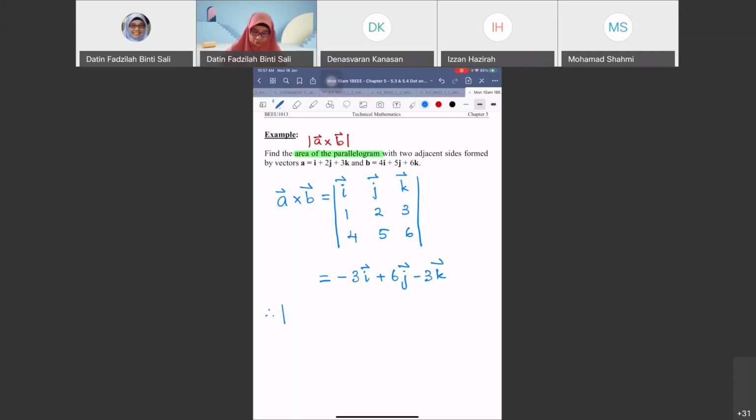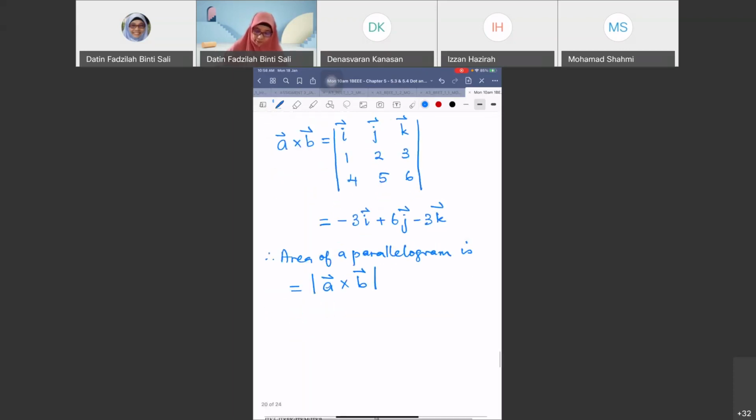So the area of a parallelogram is equal to the magnitude of A cross B, which we found to be minus 3i plus 6j minus 3k.